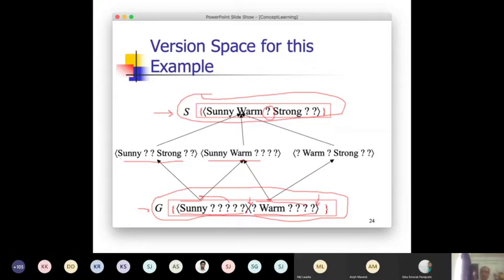If there is a contradiction, then Find-S has this limitation. We mentioned that it cannot determine from the training examples whether there exists any contradiction or not. We mentioned that.